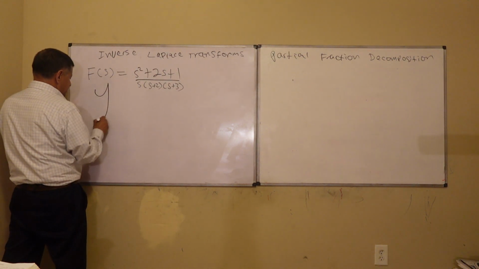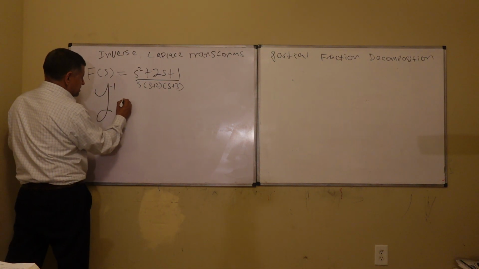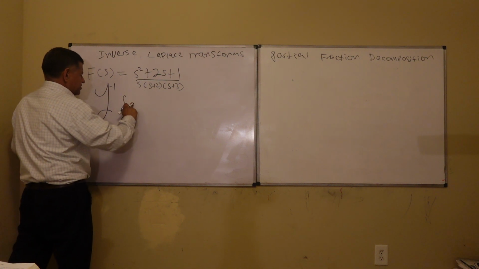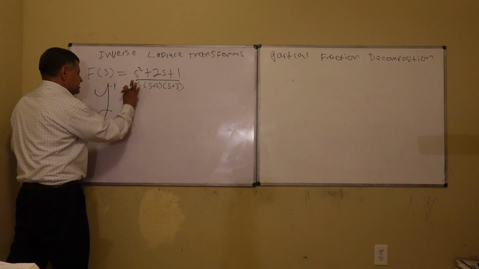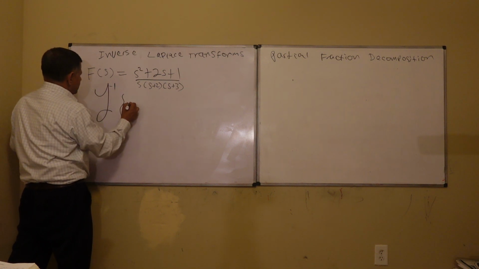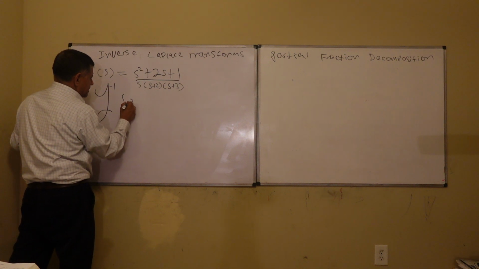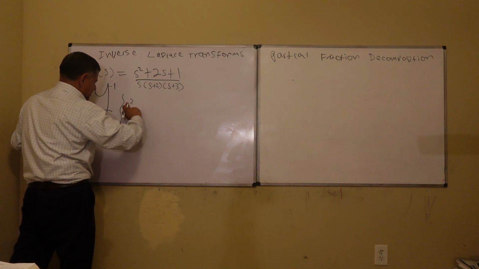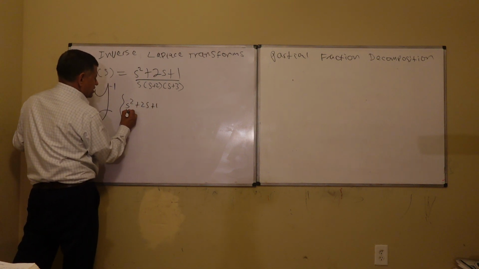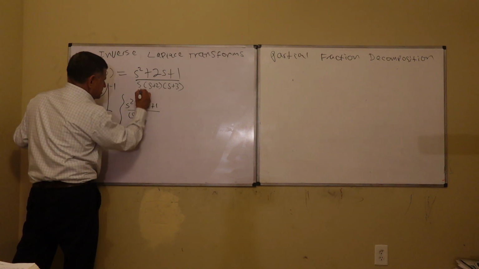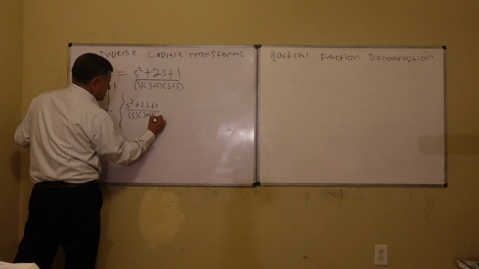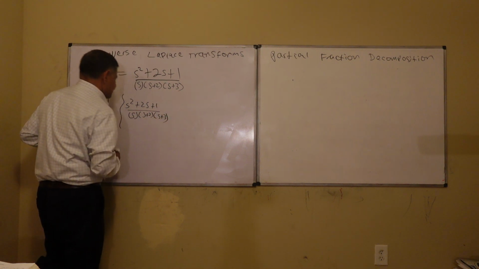So the inverse Laplace of that, or you can simply replace this guy with this guy right here, and put it like this: s squared plus 2s plus 1, over s times s plus 2 times s plus 3.